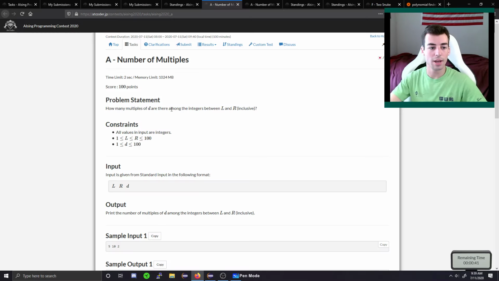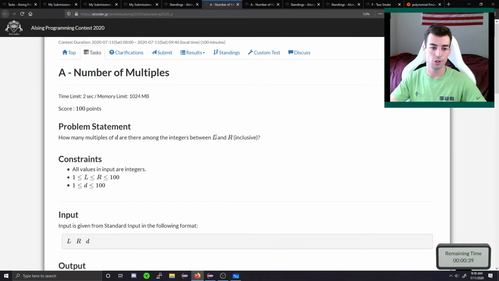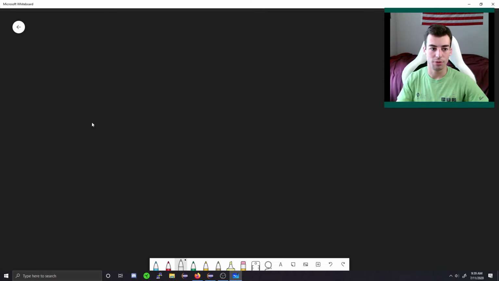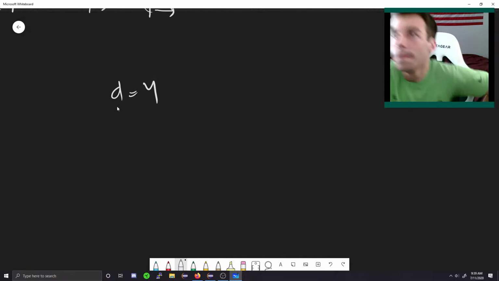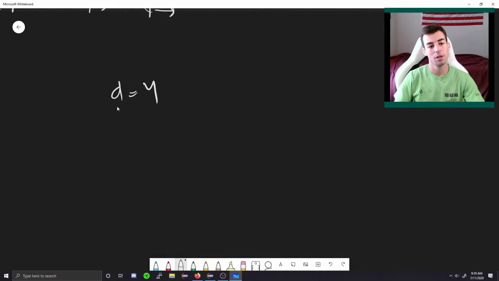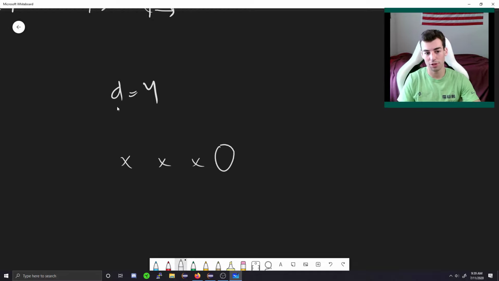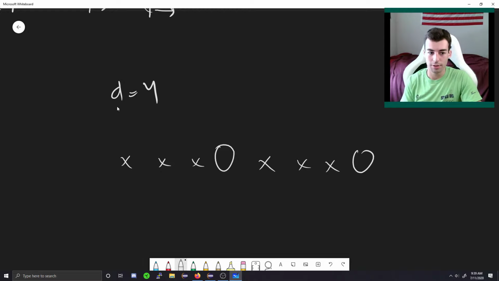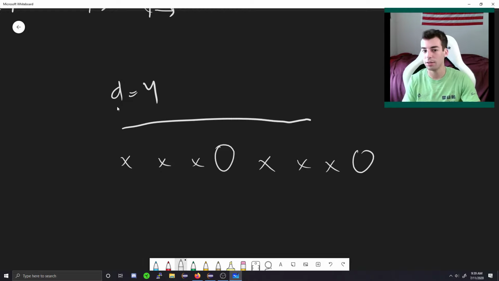So you have to check how many integers are there in the range L to R that are multiples of D. Let's say D equals 4, then you have non-multiple, non-multiple, non-multiple, and then a multiple, and so on.